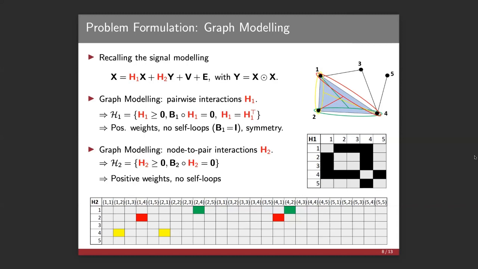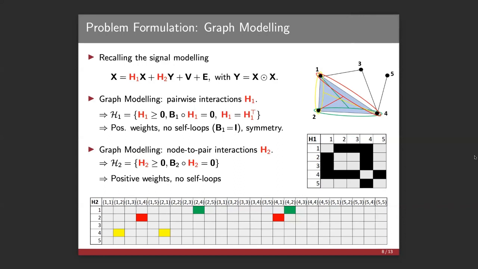But if there is a filled triangle, in our model we will have connections between nodes 1, 2, and 4, and also node pair interactions between these three nodes.